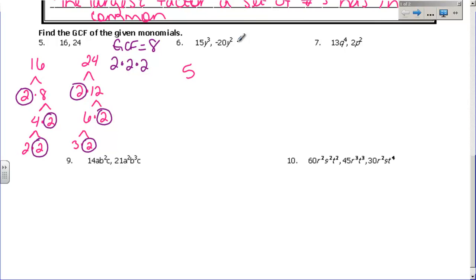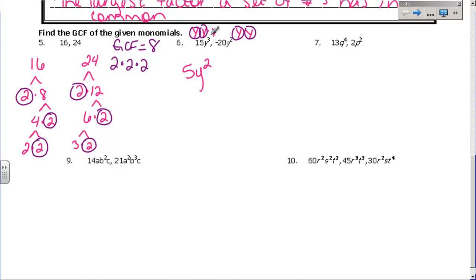Now for the variables, y to the third means y times y times y, and then y squared just means y times y. If I look to see what they have in common, they both have 2 y's in common. So the rest of my GCF for this is going to be y times y, which is y squared. And so the greatest common factor for these 2 monomials is going to be 5y squared.